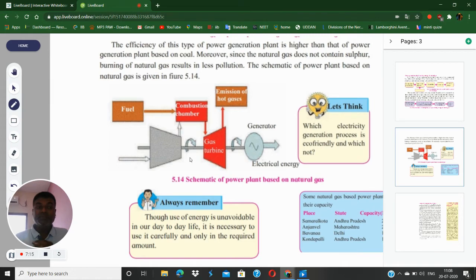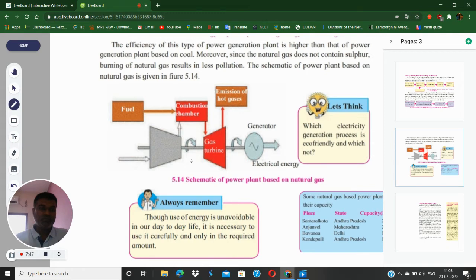Because if we burn the same amount of coal and the same amount of natural gas, the amount of heat energy we get is more. It is actually higher using natural gas compared to coal.